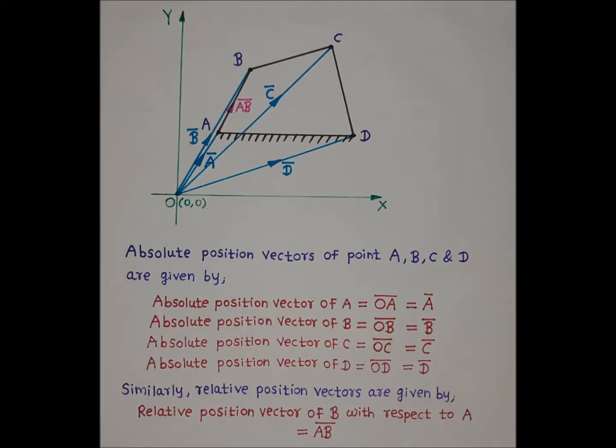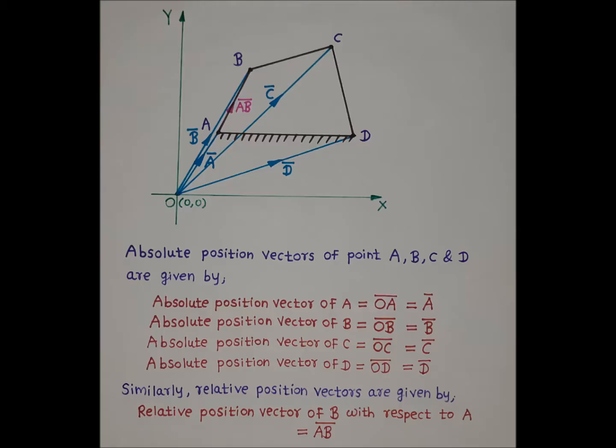You can notice, if we are interested in the relative position vector of B with respect to A, whatever vector we will have here will be along link AB and the arrowhead will be directed towards point B. That vector will be AB bar, and it will represent the position of B with respect to A.